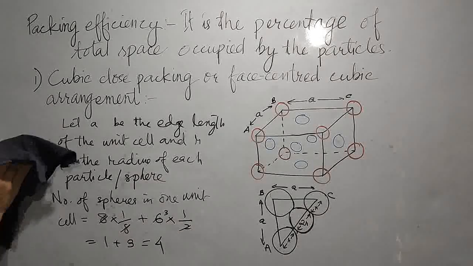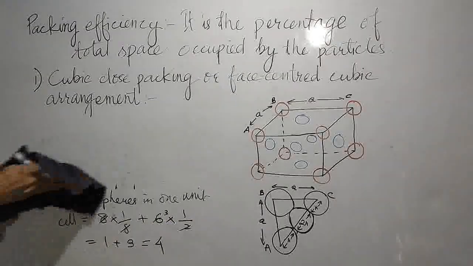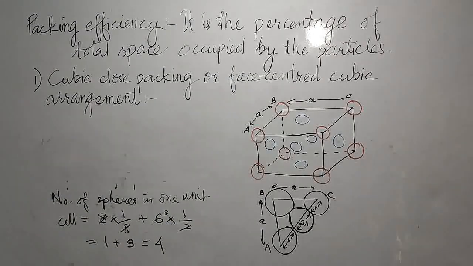Now we go to the next step. We have to know the diagonal length. In our previous classes, we have dealt with the nearest distance.